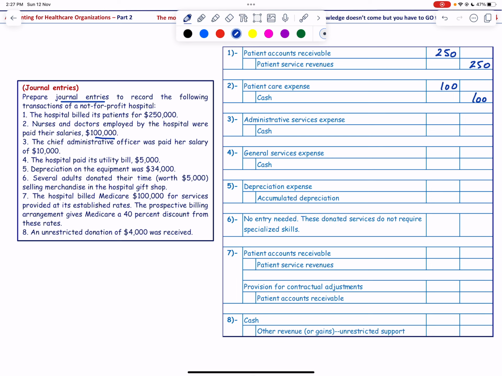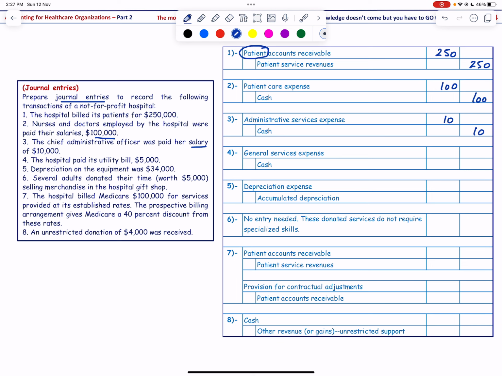Then the chief administrative officer was paid her salary of 10,000. So administrative service expense is debited by 10,000 and cash is credited by 10,000. You can note that in the case of healthcare organizations, we don't simply record accounts receivable, but patient accounts receivable.